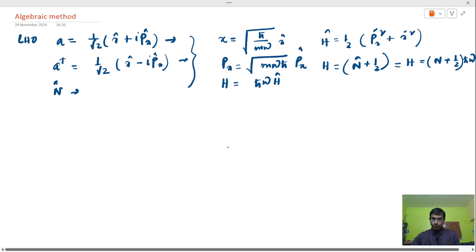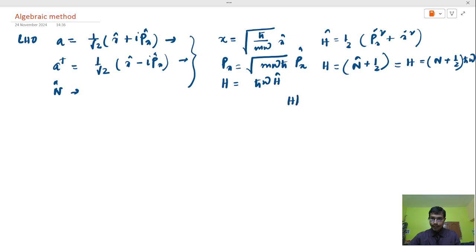So we have the result that H acting on ket n is (n plus half) h cross omega ket n.